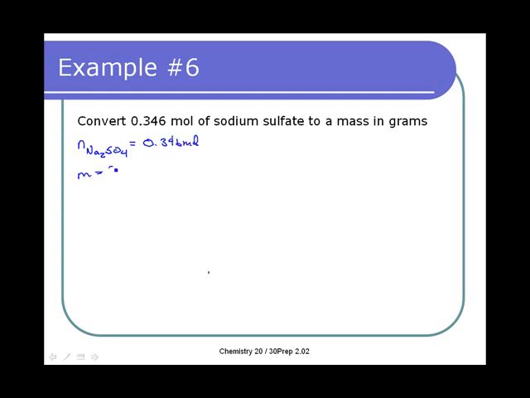We're looking for mass, and we can always find molar mass. We have 2 sodiums plus a sulfur plus 4 oxygens.